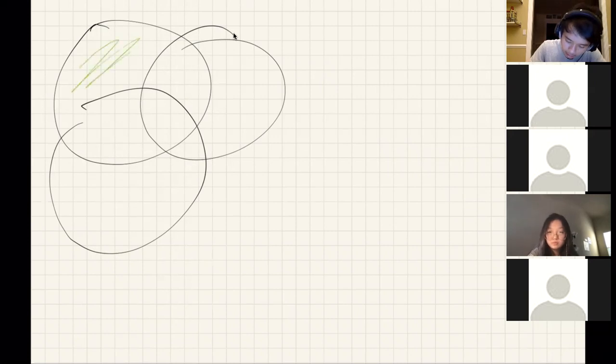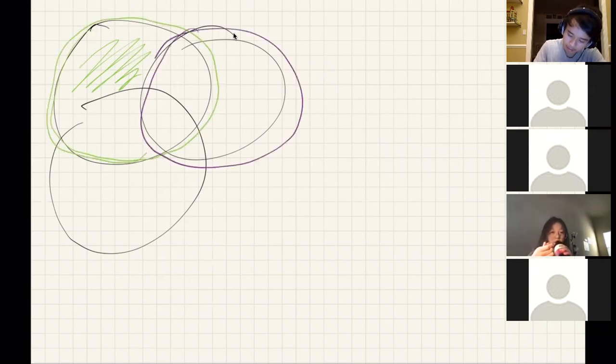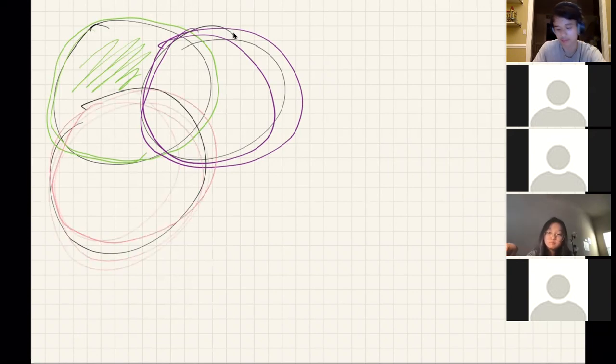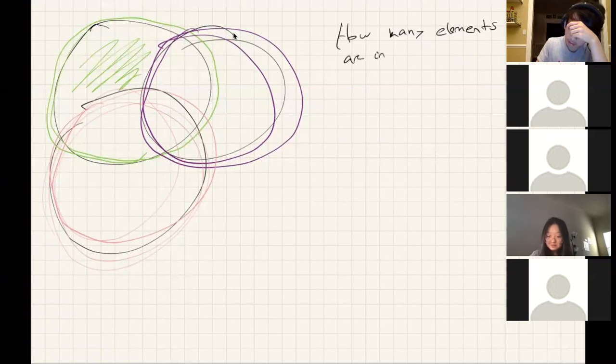We have the green circle, the purple circle, and the pink circle. We want to find out how many elements there are in total.